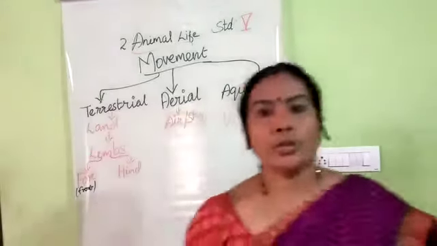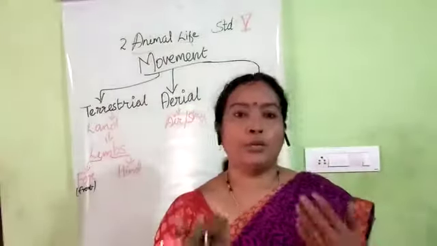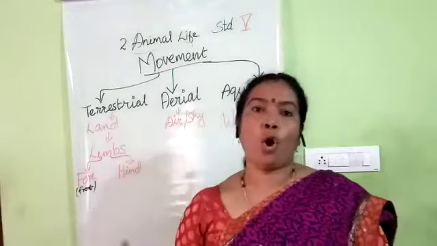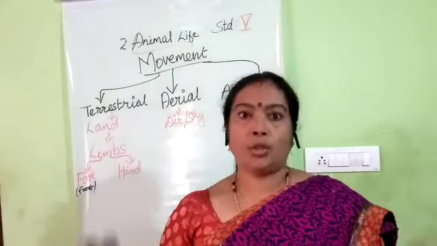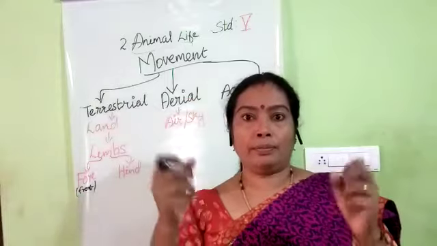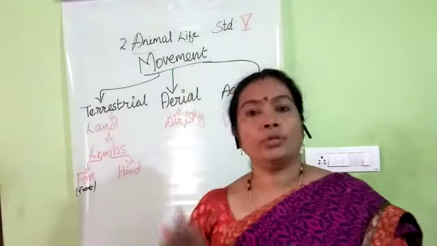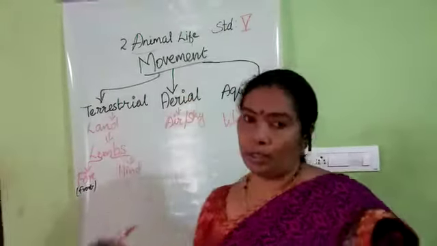So all these 4 limbs they are using to run, stand, walk, jump, and to catch the prey. Prey means their food.